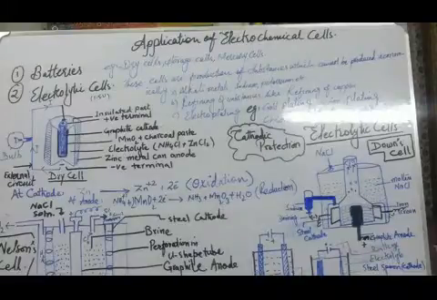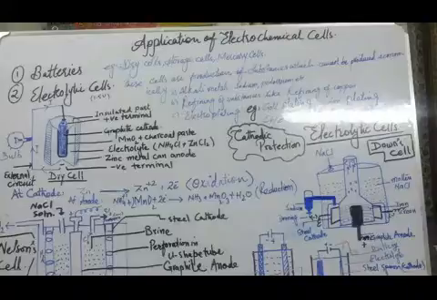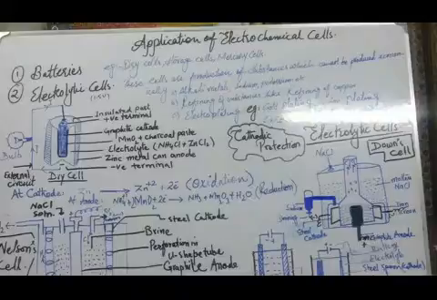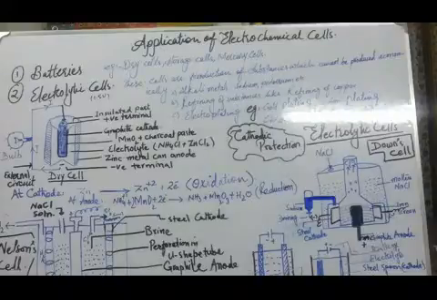Here, the metal is purified. The metal which is impure acts as the anode, and the metal which is pure acts as the cathode. The solution contains the electrolyte, which is copper sulfate.